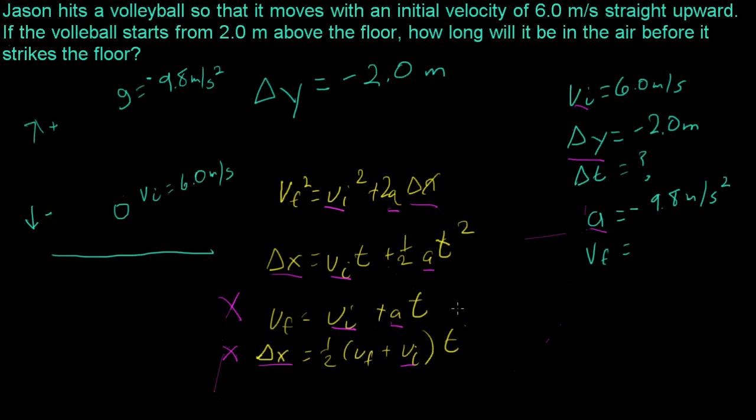So let's see. Using this equation, we could plug in and get t, except that this equation is going to be very unpleasant to solve for t, because you've got a t and a t squared, and we probably don't want to deal with that. So instead, we can plug into this equation and solve for vf, write that here, and then use this equation to solve for t, because that'll be really easy.